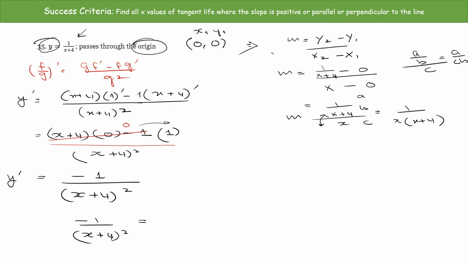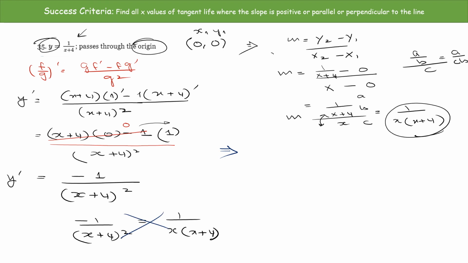So slope of that line is 1 over x plus 4, this one. Now solve it. Now if I were in your place, I would cancel (x plus 4) whole square with this x plus 4. But to show you the demo, I will write it here.